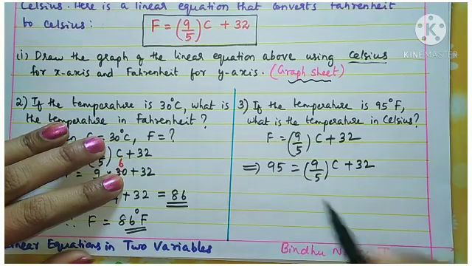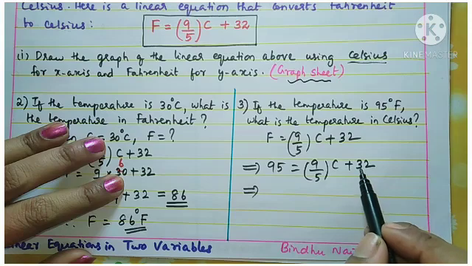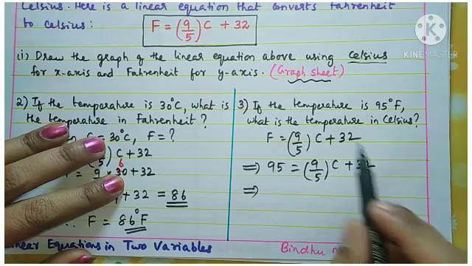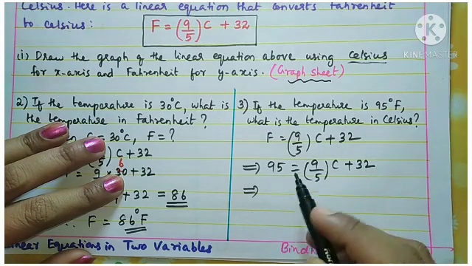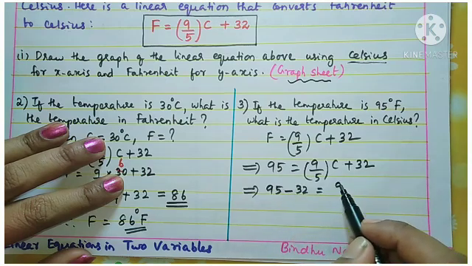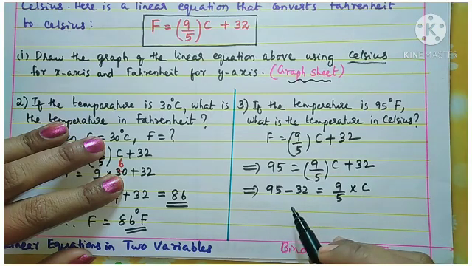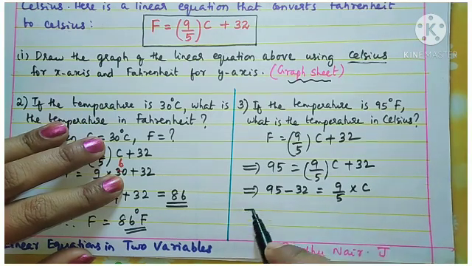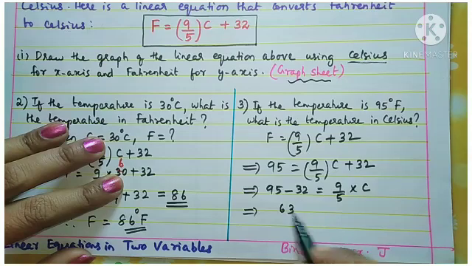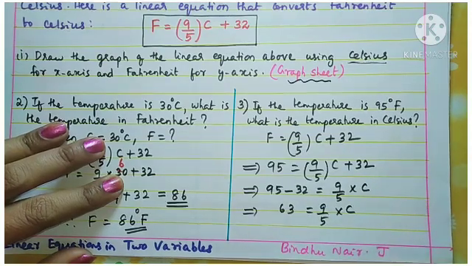So what can we do? This implies, let me take this plus 32 to the left side, it becomes minus. So 95 minus 32 equal to 9 by 5 into C. What is 95 minus 32? Correct, 63 equal to 9 by 5 into C. Now we want the value of C here.